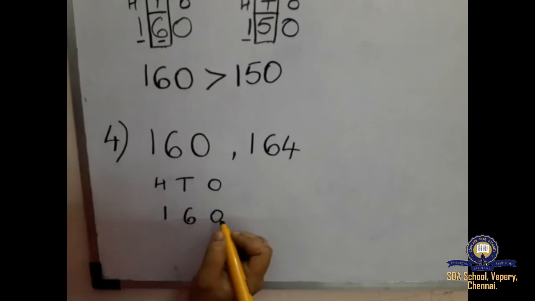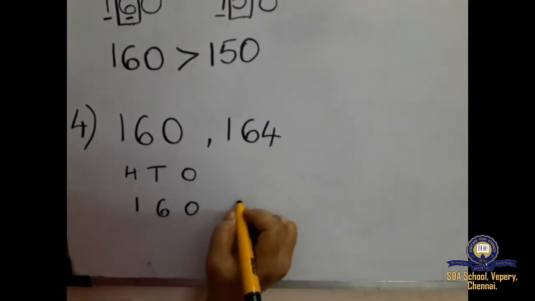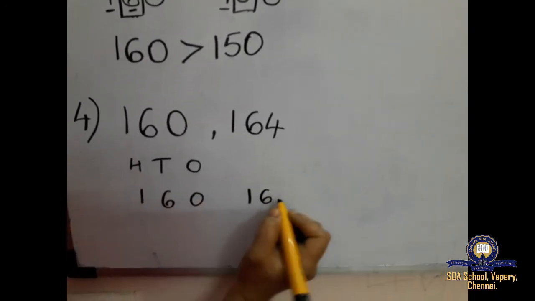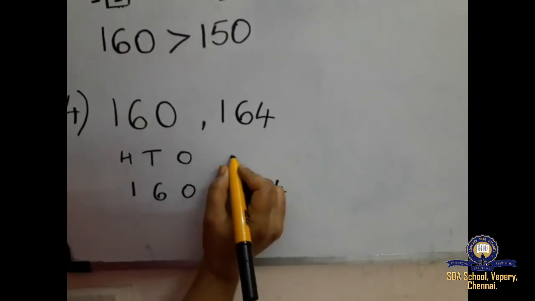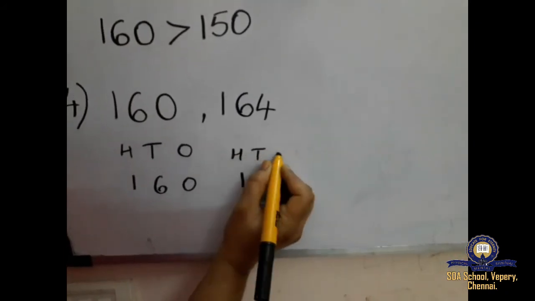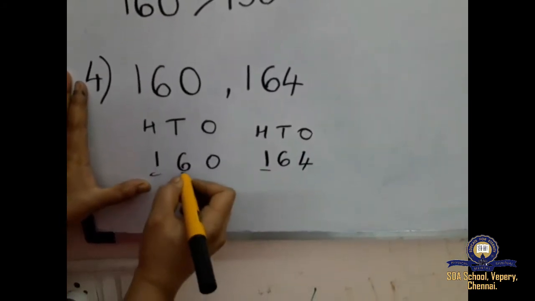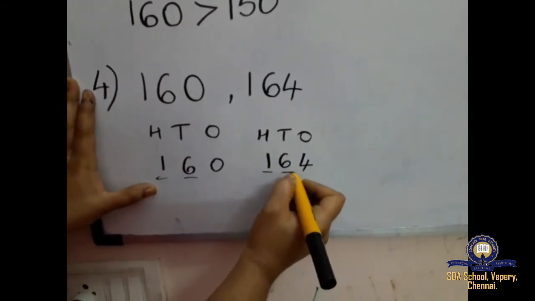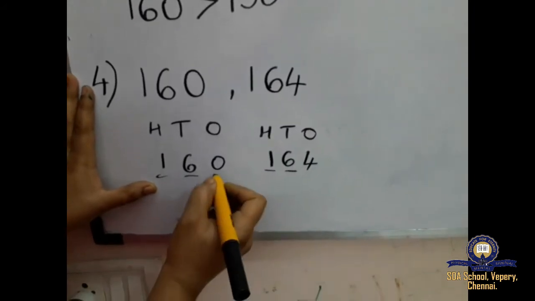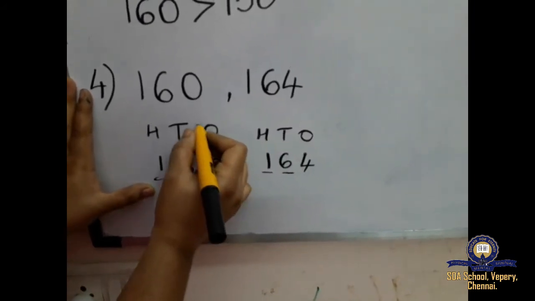160 and 164. So in hundreds the same digit and in tens also the same digit. Then we have to move to the ones place.